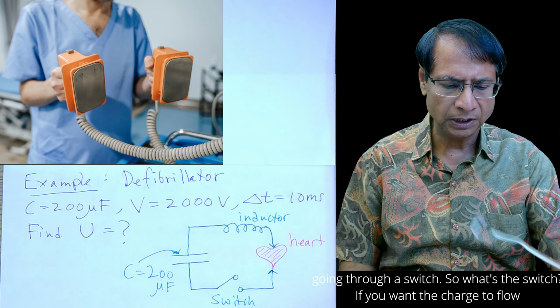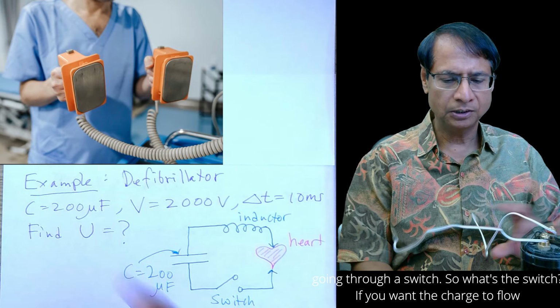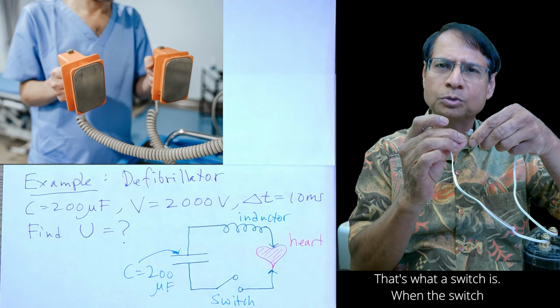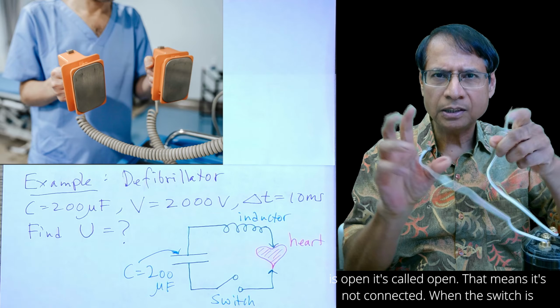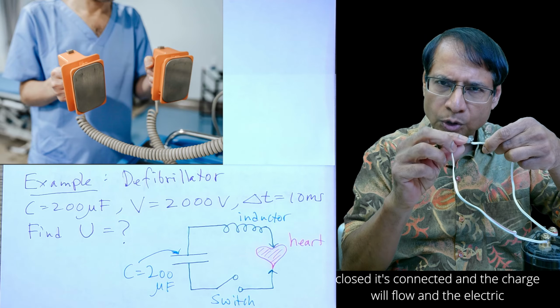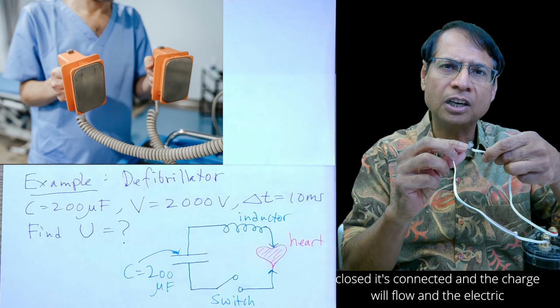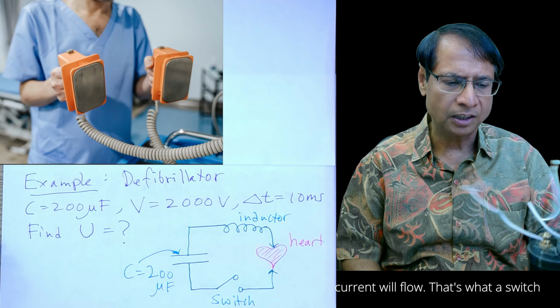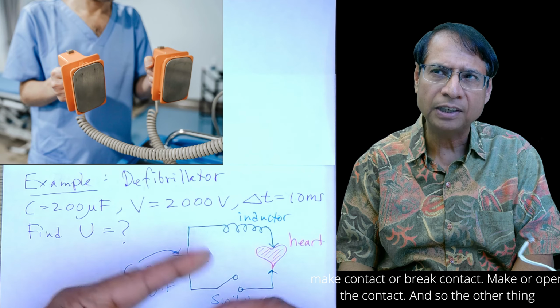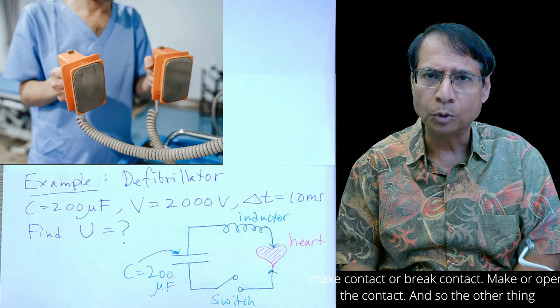So what's a switch? If you want the charge to flow, you need to connect the wires together. That's what a switch is. When the switch is open, that means it's not connected. When the switch is closed, it's connected and the charge will flow and the electric current will flow. So that's what a switch is. It's basically a place where you can make or break contact.